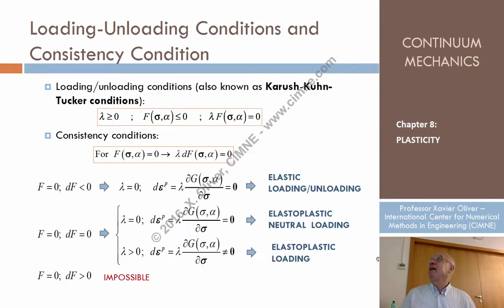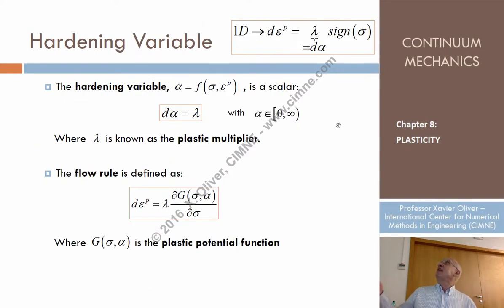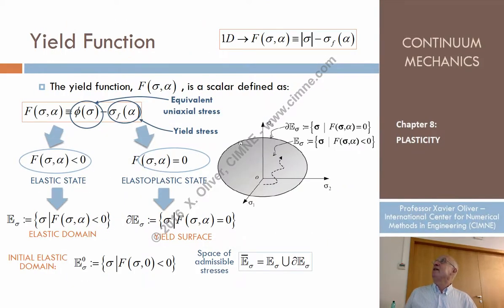Okay? And finally, the third situation is that lambda times differential of f is equal to 0, with lambda greater than 0. What does that mean? That means that now lambda is different from 0, there is generation of elastoplastic strain, and in consequence of this equation here, there is a generation of alpha. There is a generation of alpha, and then there is generation of plastic strain. So in terms of this geometric interpretation, that means that we are here and the point moves towards the exterior.